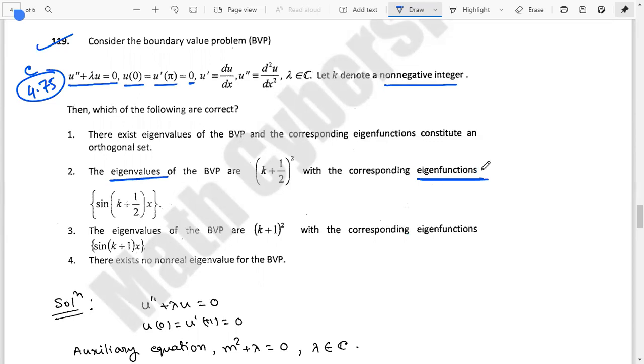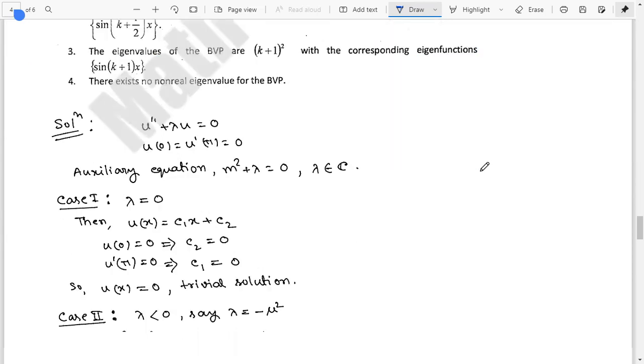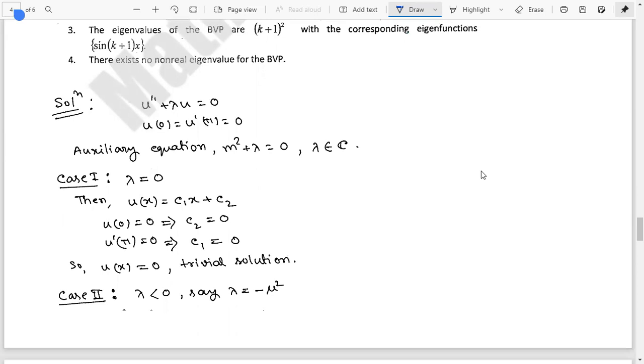So the given equation is u'' + λu = 0, and these two are given conditions. The auxiliary equation is m² + λ = 0, and this λ is our eigenvalue, and we don't know the value of λ. This λ is positive, negative, or 0. That's why we are getting three cases.